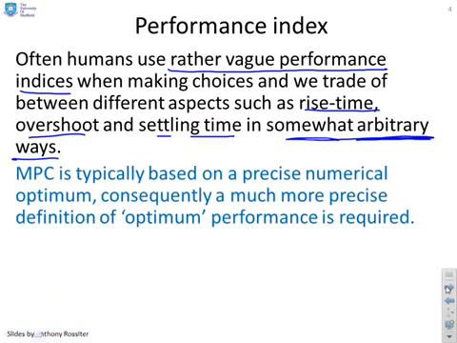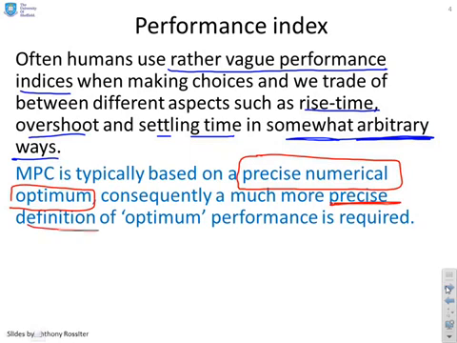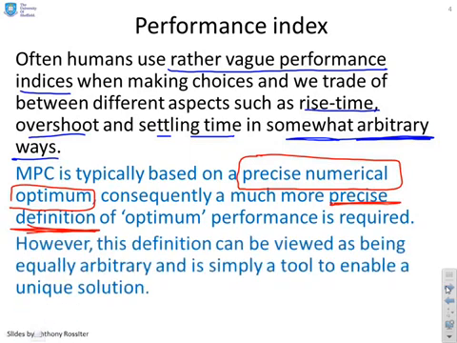Predictive control is different because it's based on a precise numerical optimum, so there's no ambiguity. Of course, in order for this to work, we need a precise definition of optimum performance. And herein lies a problem. This definition of optimum is actually arbitrary.